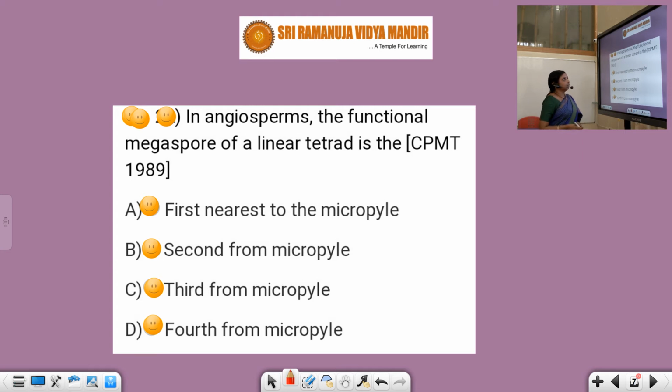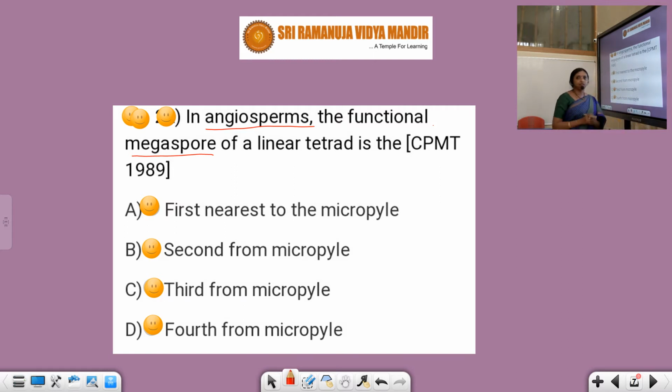In angiosperms, the functional megaspore of a linear tetrad is the... See, he is asking in the angiosperm, not in the gymnosperm. First point, the functional megaspore. That means the megaspore which is going to participate in the formation of embryo sac.